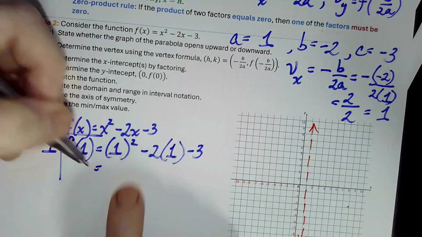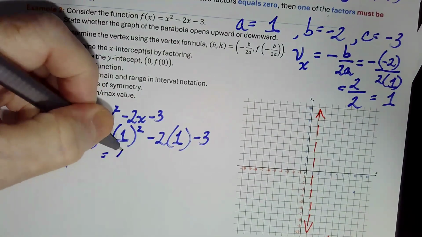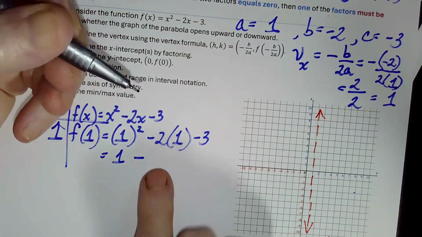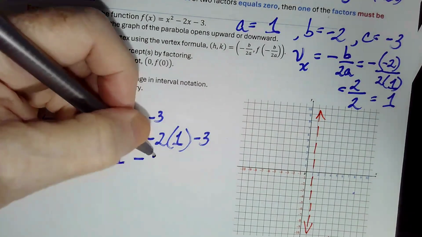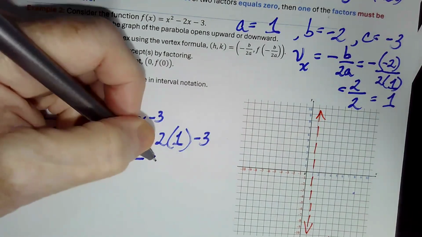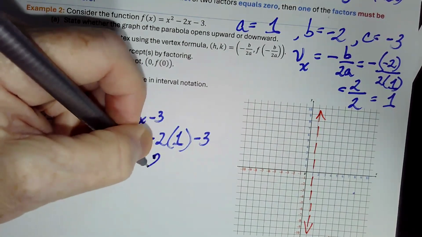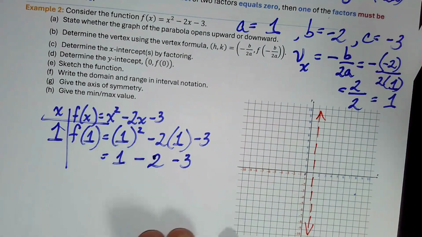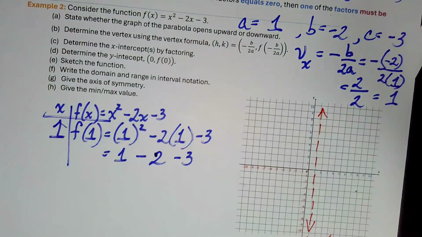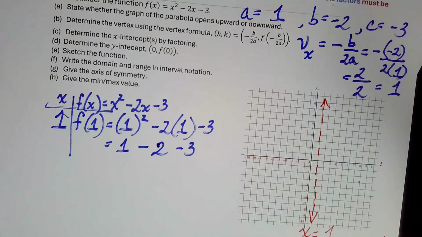And 1 squared is 1. 2 times 1 is 2. When adding or subtracting 3 things, which order do I go in?